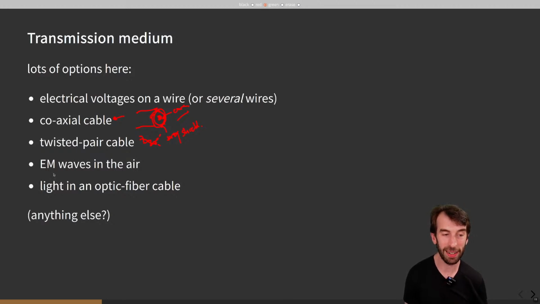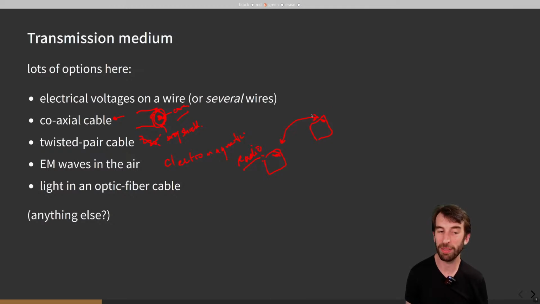EM waves in the air, EM standing for electromagnetic. So radio waves is what we really mean. We could be connecting a micro:bit to another micro:bit with its radio antenna using Bluetooth.